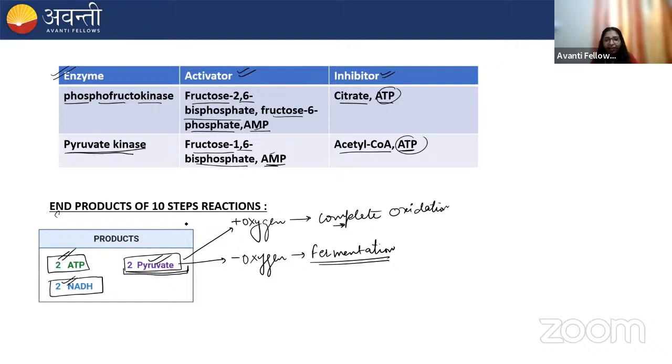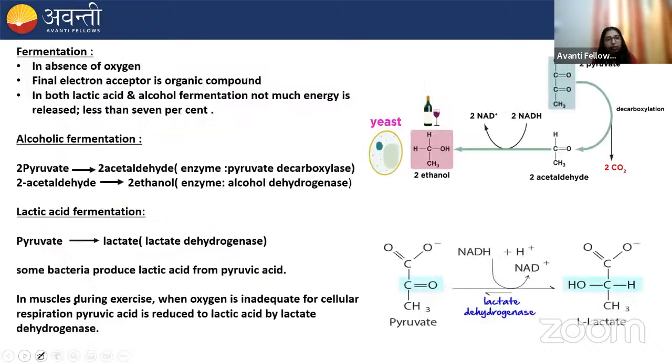But if fermentation is taking place, that means there's insufficient oxygen or an absence of oxygen, then fermentation will take place. And the amount of energy in fermentation is very low, even less than 7%. So fermentation takes place in the absence of oxygen first.